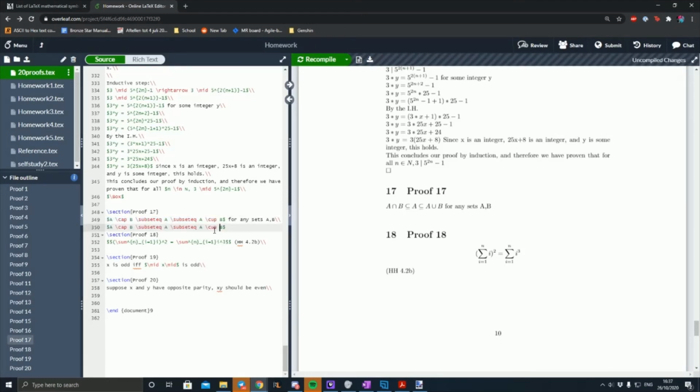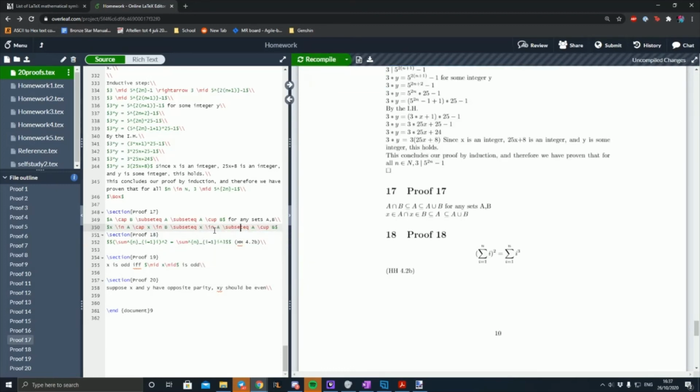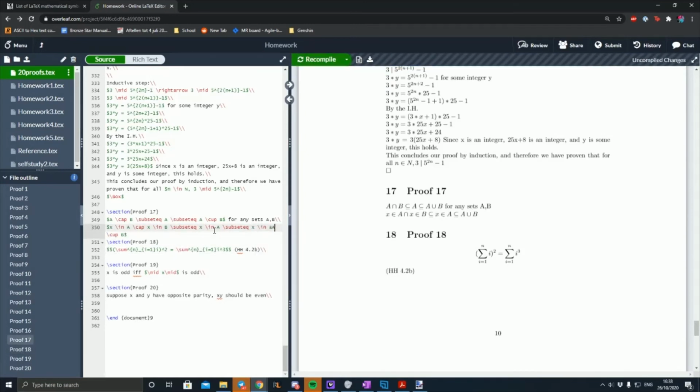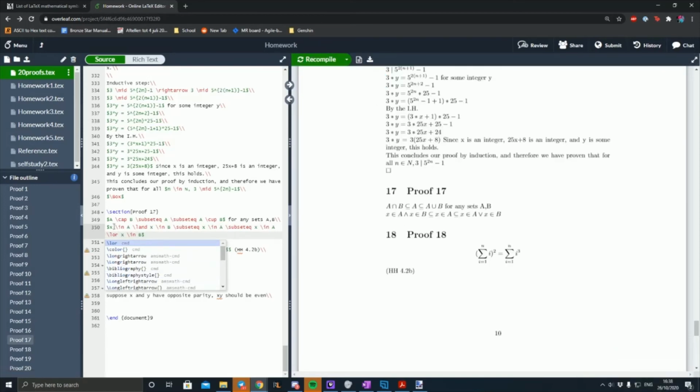So we say that x in A cap x in B is a subset of x in A, is a subset of x in A or x in B. Cap is the and sign, so this is a logical and, and this is a logical or. Is that correct? Let me add some brackets to make this a bit more legible.